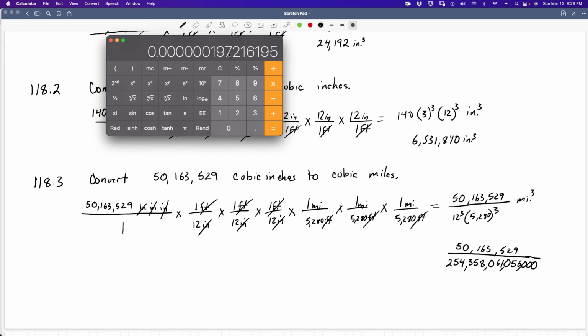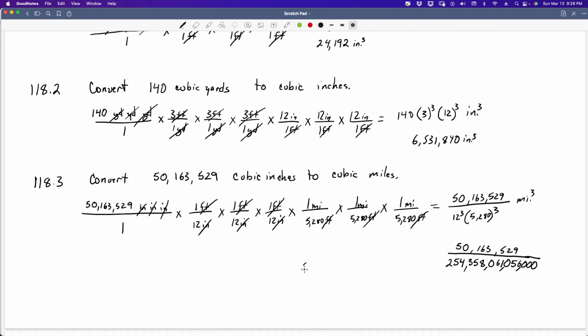I'm just going to round this up to the next number, which would round this up to 2. So 6 zeros and a 2. So 0.0000002 cubic miles is the answer to that.